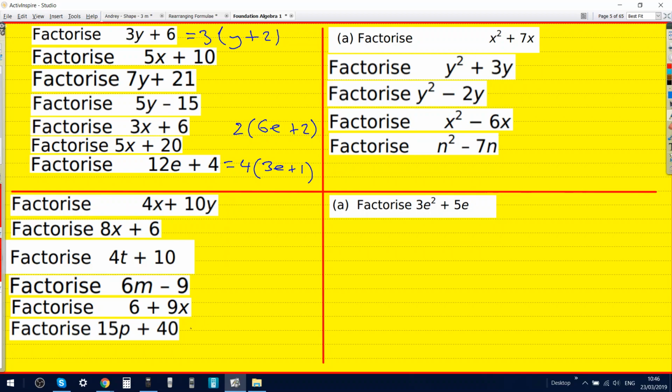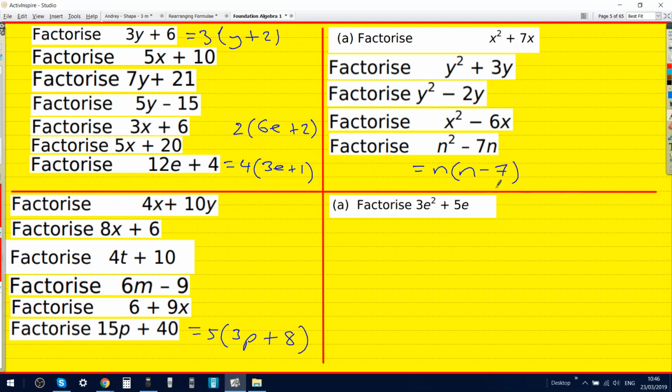Let's say the bottom one down here. Would that be 5 on the outside of the brackets? 3p plus 8. How about this bottom one? Would it be n on the outside and then n minus 7?